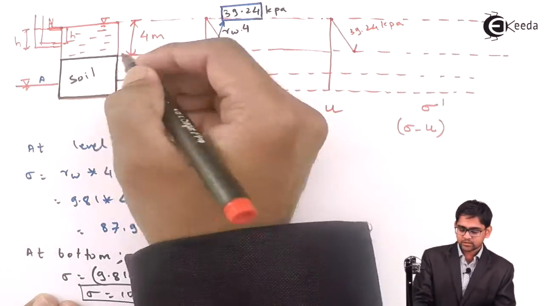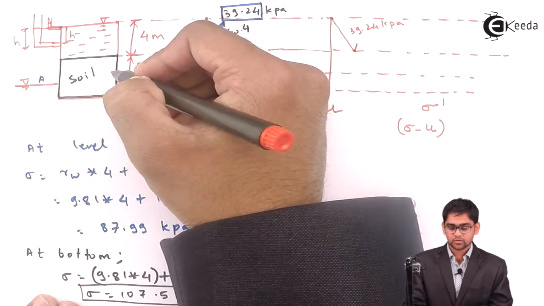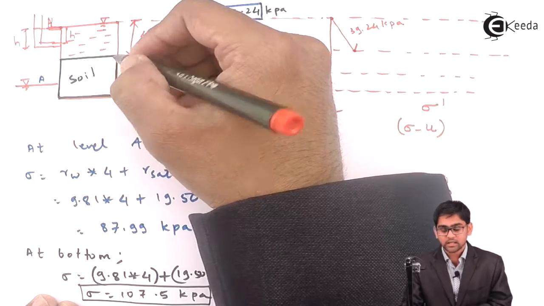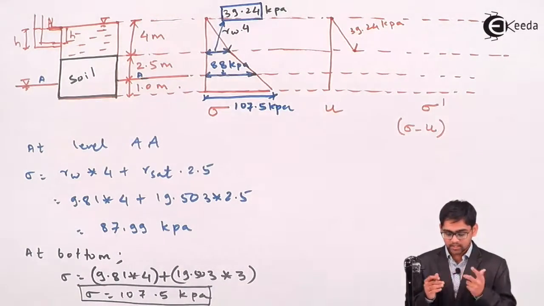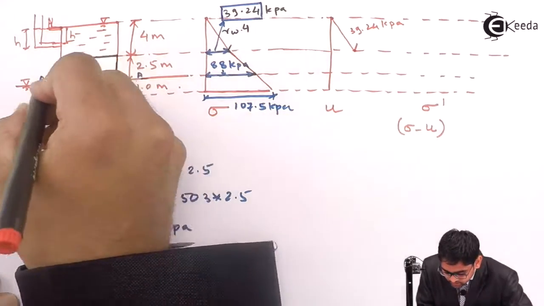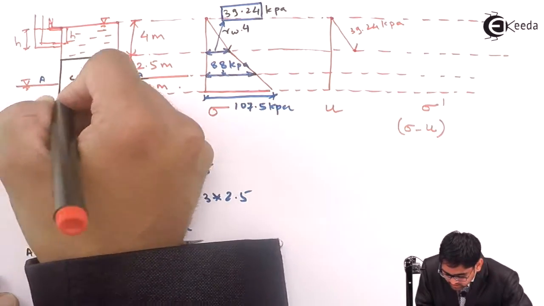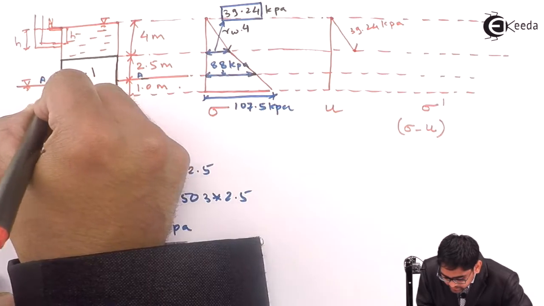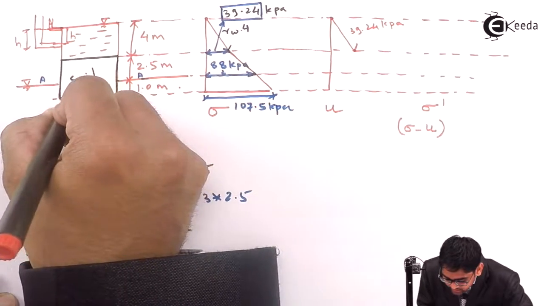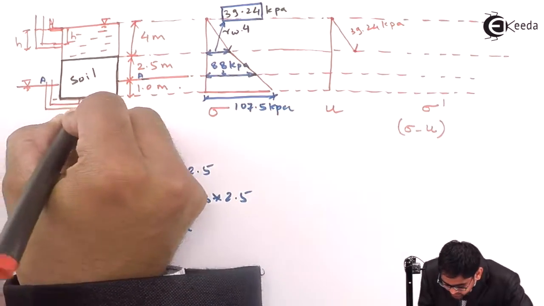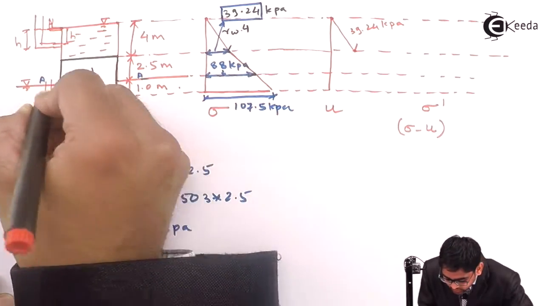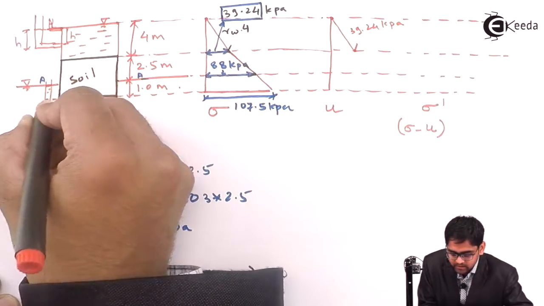But once the water starts entering into a soil, the scenario will change. And how it will change, I will tell you. If I just insert a piezometer at the end of the soil, because that's what we did in our previous session as well, then water will rise up to a particular level, right?